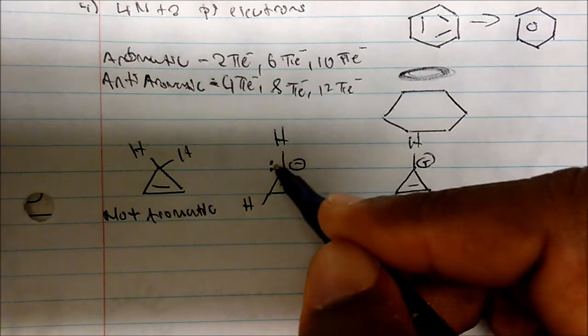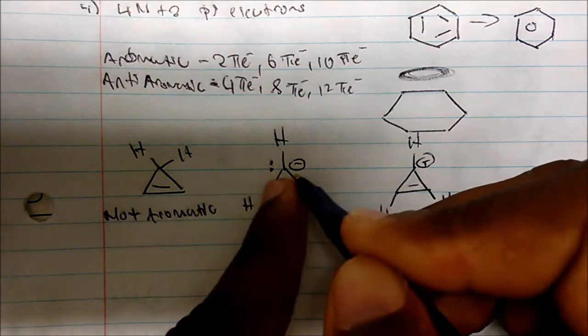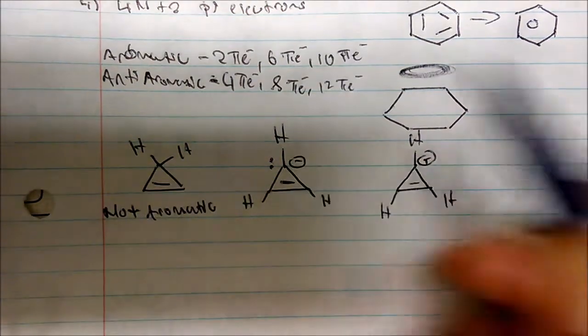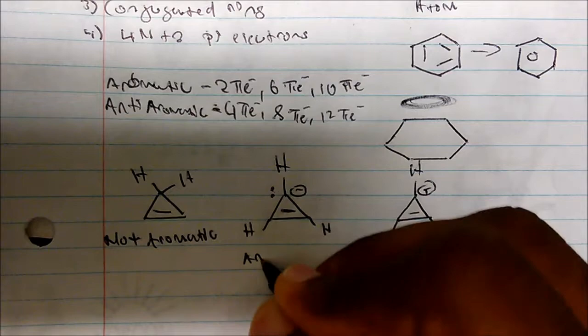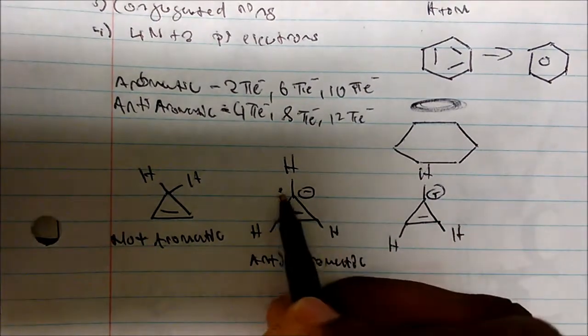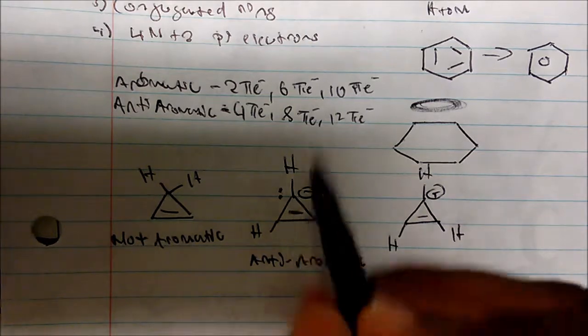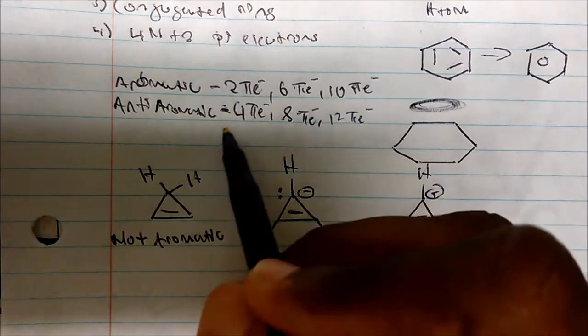Okay. So whenever we can do that, we are going to do that. So if you put this into the ring, this has 4 pi electrons. My carbon is now sp2, but remember we said that 4 pi electrons, that's anti-aromatic. And notice that when we did this, the only rule that this breaks was having 2 pi electrons, 6 pi electrons, 10 pi electrons. Instead, it has 4.